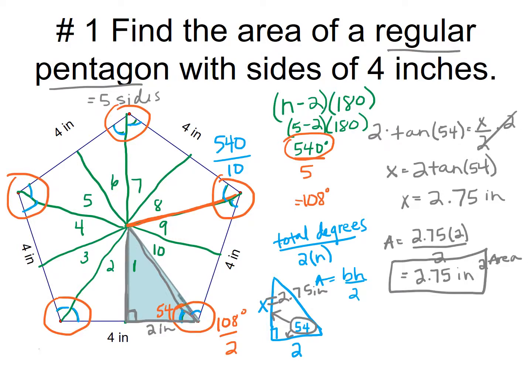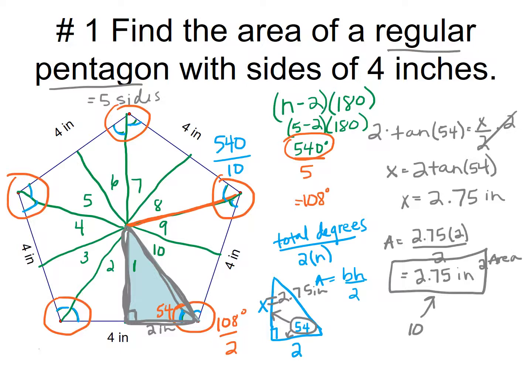This triangle right here, I'm trying to outline it here. But remember, this triangle happens 9 other times in this pentagon. So instead of just finding the area of the pentagon, I'm going to find the area of just a triangle because we've gotten really good at finding the area of a triangle. And I'm going to plug it in and multiply this by 10 because there are 10 total triangles.